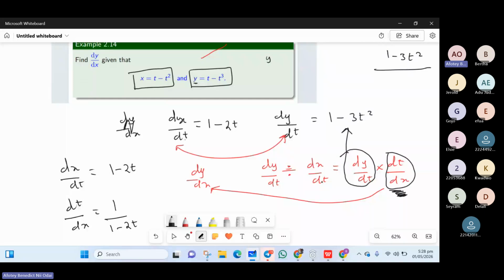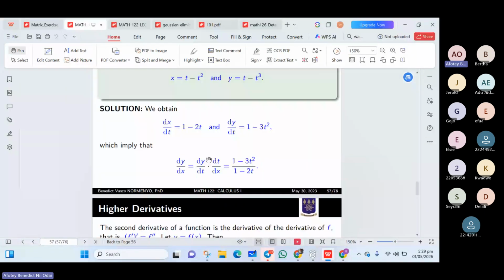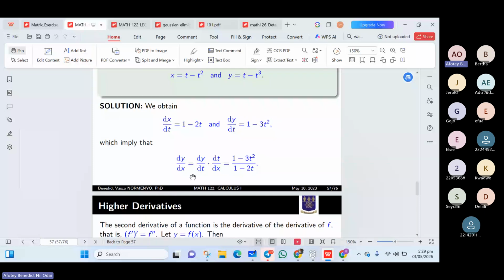So the dt dx now becomes, remember we are multiplying, right? So 1 times the top, and the denominator becomes 1 minus 2t, and this dy on dx becomes our final answer. So once you are able to do this part, you are good to go.